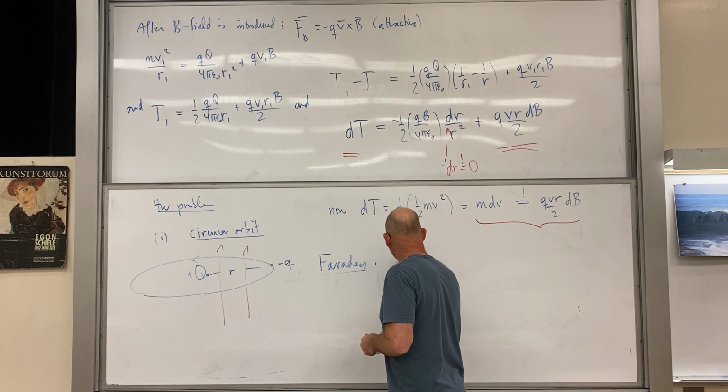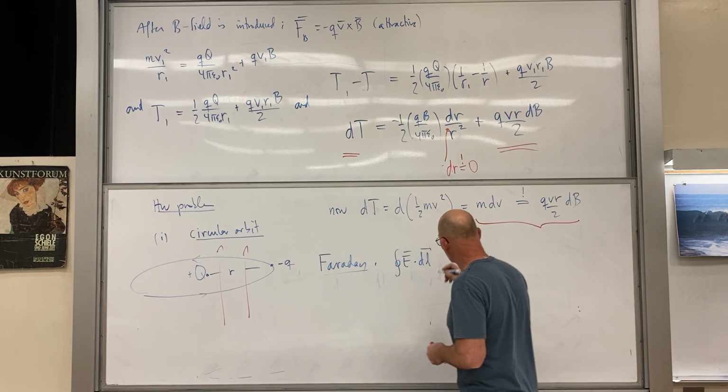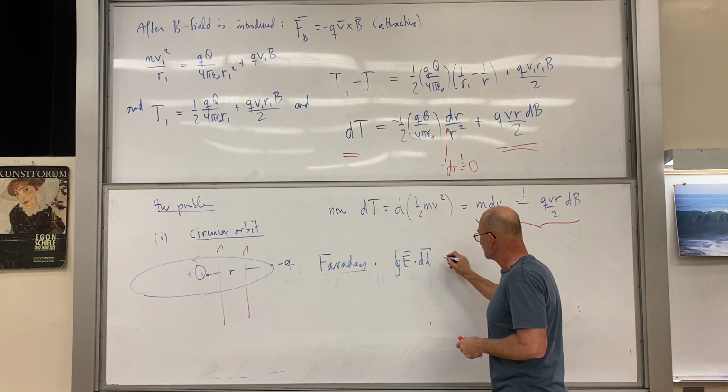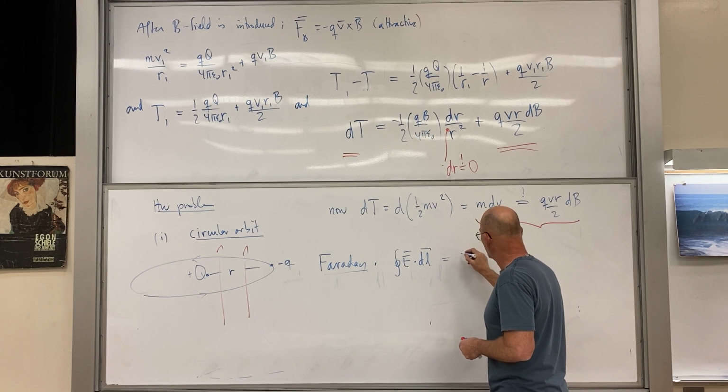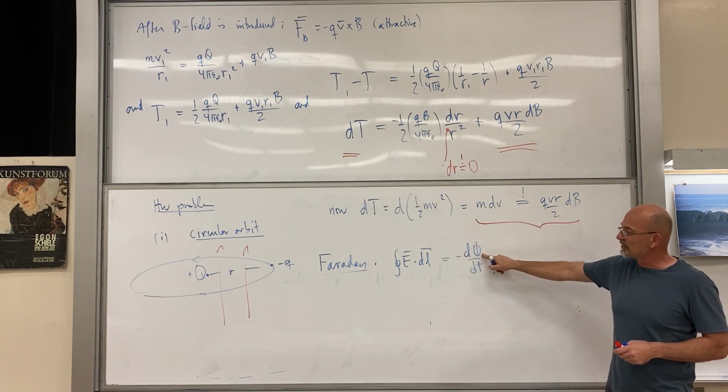There we're taking the integral form, so E dot dl around that circle is equal to minus d phi dt, where that's the magnetic flux through the circle.